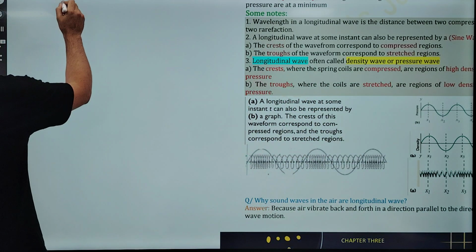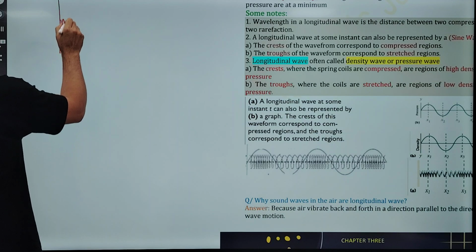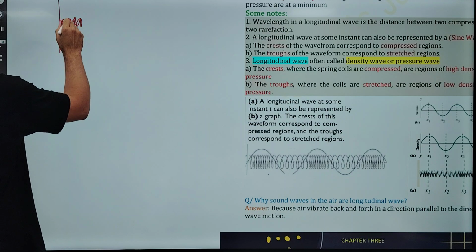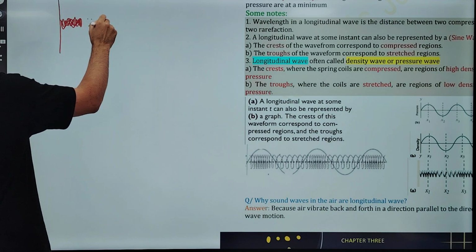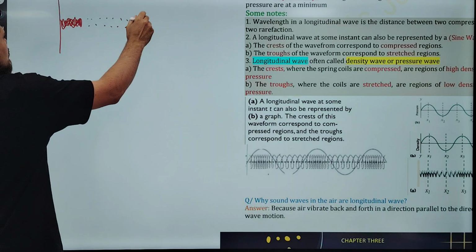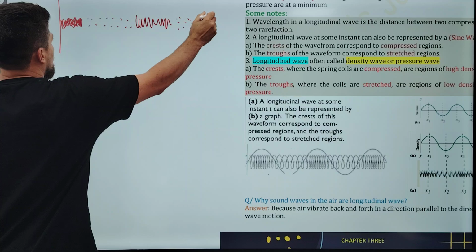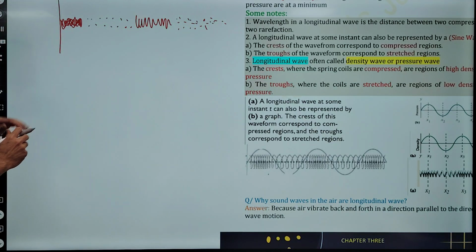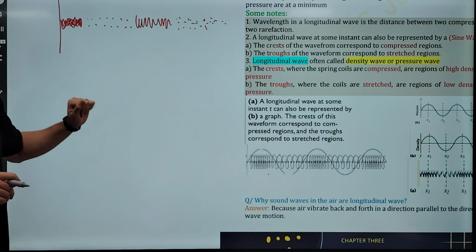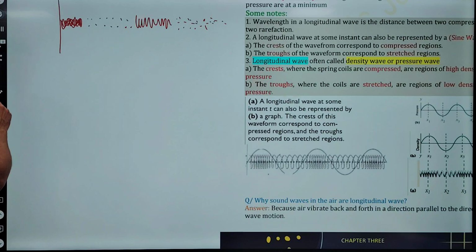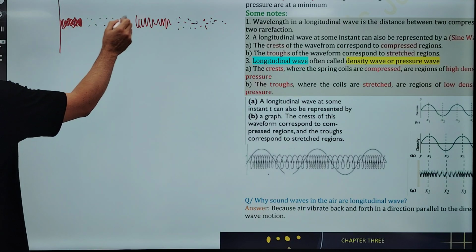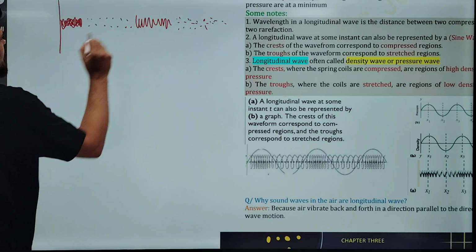But in a longitudinal wave, assume that this is compression, this is rarefaction. Okay, what is this? This is a figure of a longitudinal wave. It has two different regions: compression, rarefaction, compression, rarefaction.